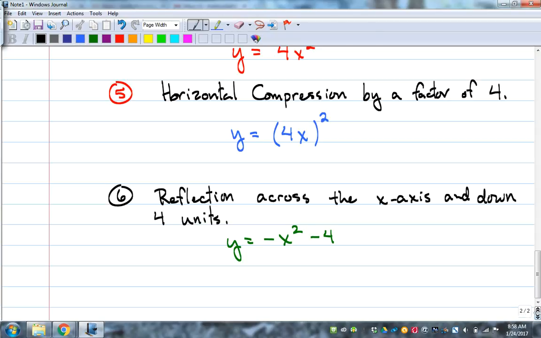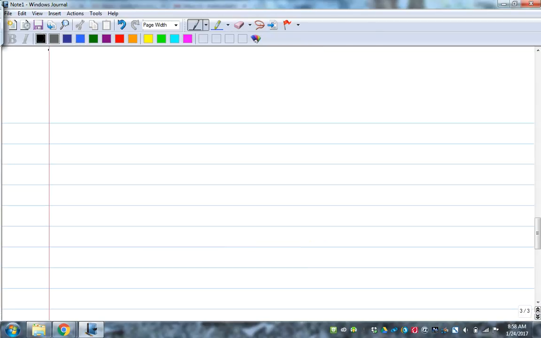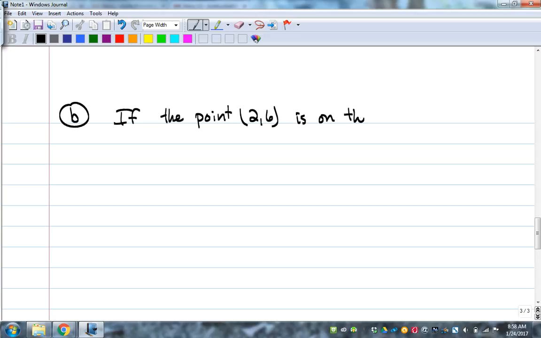All right, now let's get to maybe a problem where the point (2, 6) is on the graph of f of x.